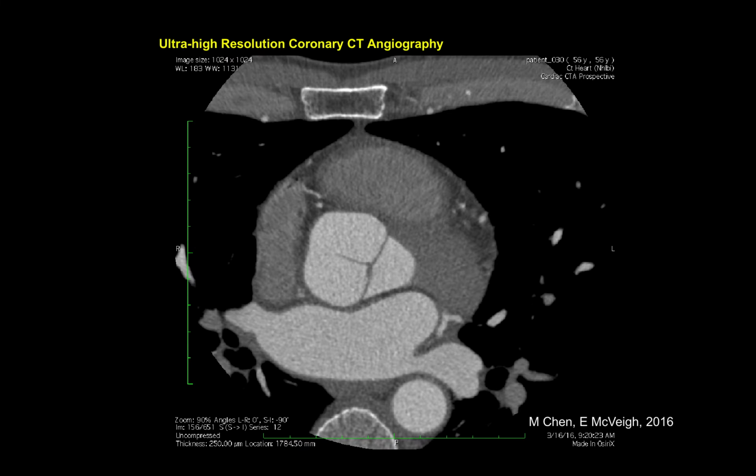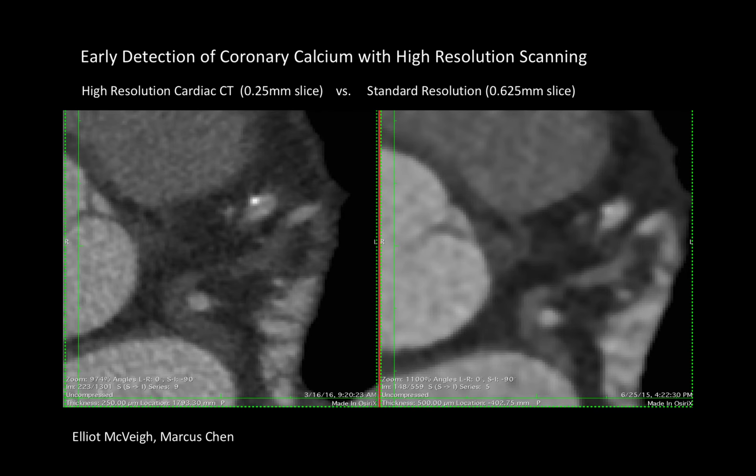But crazy good pictures. If we focus on one of those pieces of calcium, not the one I just showed you, but one further down the left anterior descending artery, this is what it looks like on that high resolution scanner. This is what it looks like in the same institution on a competing scanner that has kind of normal detector resolution.